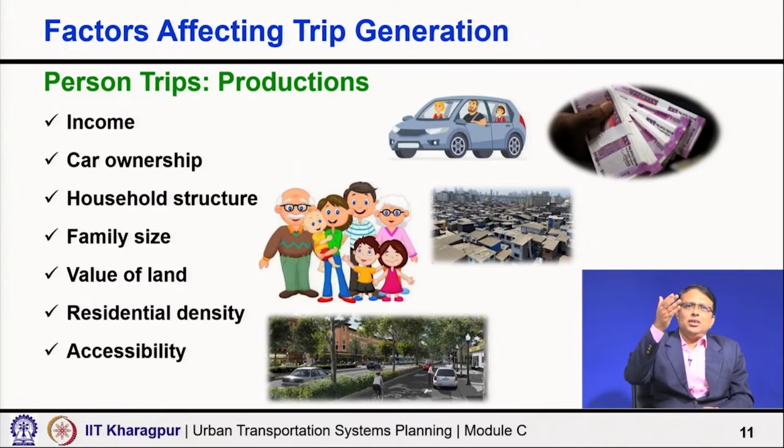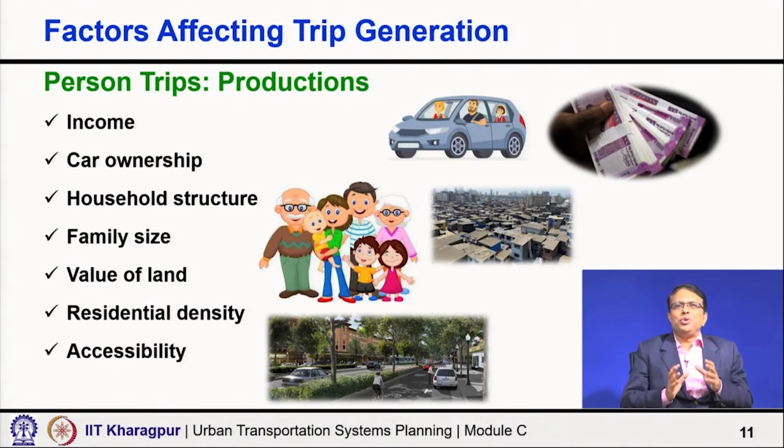And you can see the first 4 attributes are typical to household characteristics. So, that means they are very useful if I am developing a model where I am trying to model the trip generation, trip productions by household.